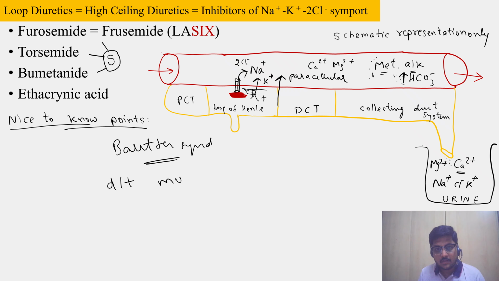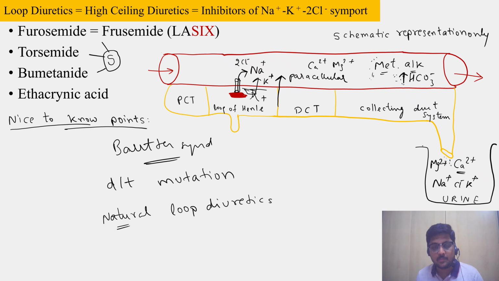It's a genetic disorder, and due to this mutation, there will be a natural condition in the body as if some natural loop diuretic is already working. This is the thing which we see in Bartter syndrome. Okay, a natural diuretic effect without giving any diuretic.